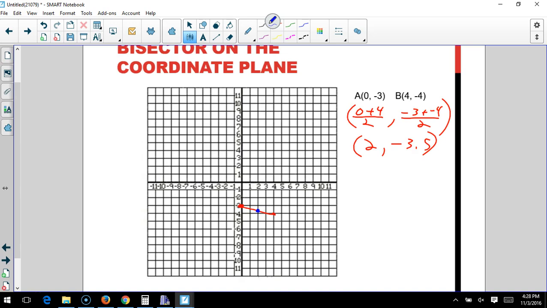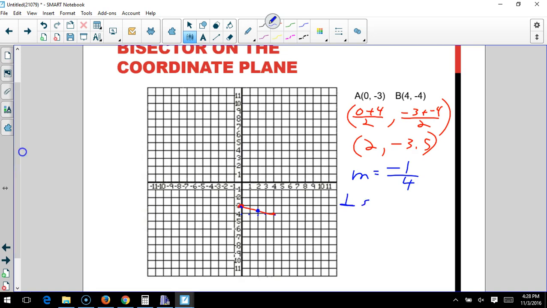Now, we need to find the slope of this line segment. So we count from this point, and we go down 1, and right 1, 2, 3, 4. So the slope of the initial line segment is down 1 and right 4, -1/4. What's our new slope?